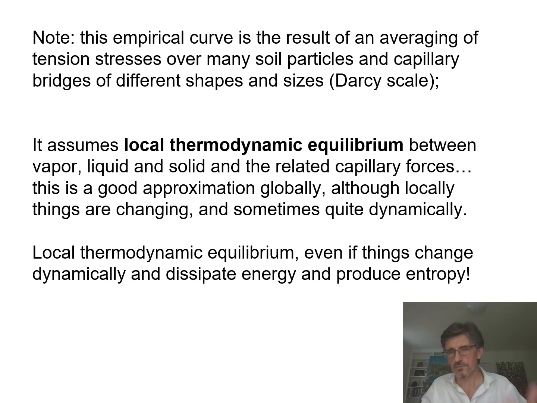This allows us to have a continuum representation at every point in space with a link between average energetic content and volume of water available. In practice, what we are doing is assuming that there is a local thermodynamic equilibrium over this volume over which we are integrating, between vapor, liquid, and solid, everything in thermodynamic equilibrium, as we have done in defining the extended water potential, the matric potential.